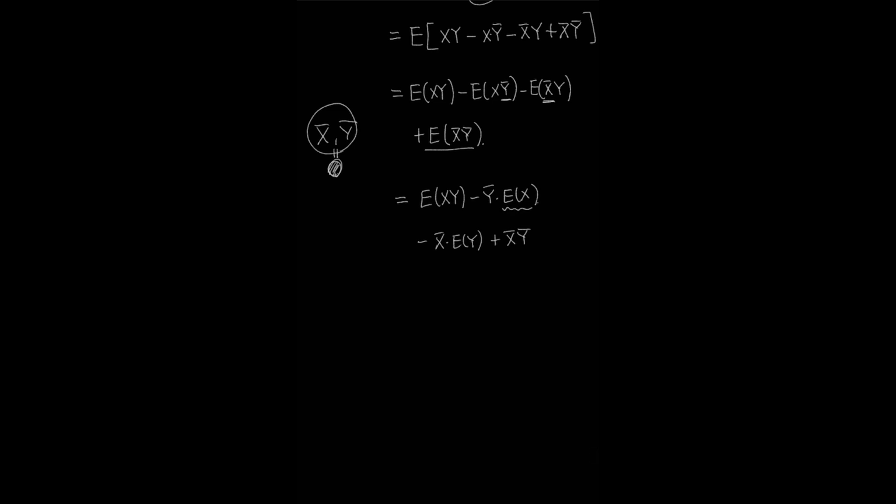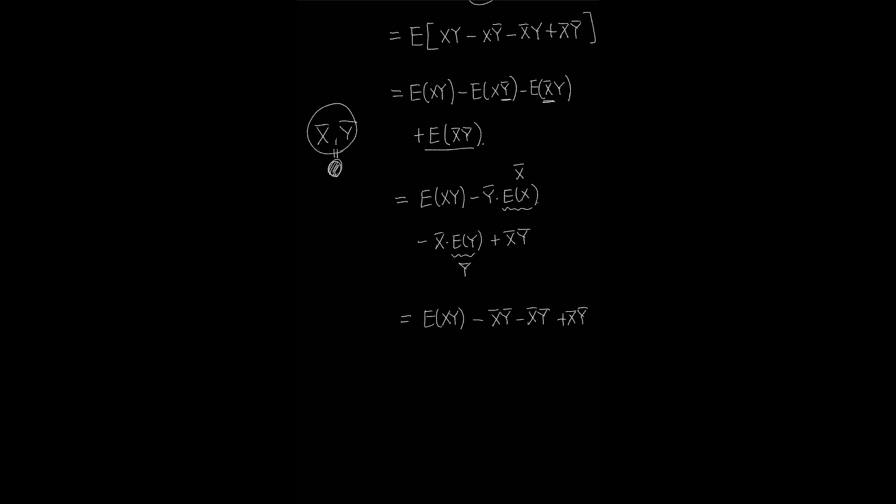When we look at this, we know that this is x bar and this is y bar. So we can rewrite this as the expectation of x times y, minus x bar y bar, also minus x bar y bar, and plus x bar y bar.